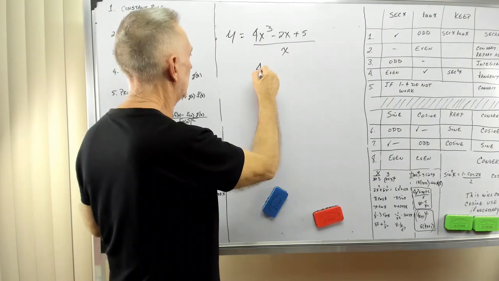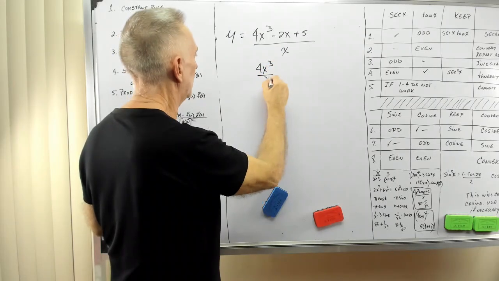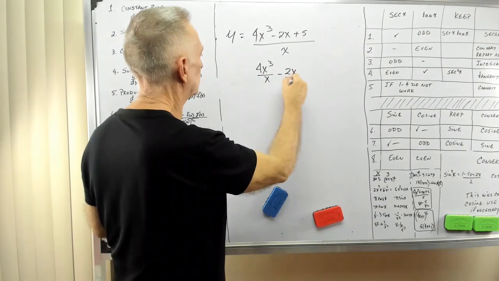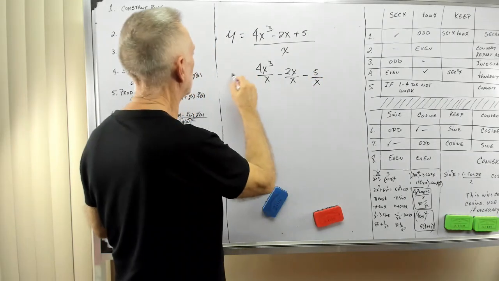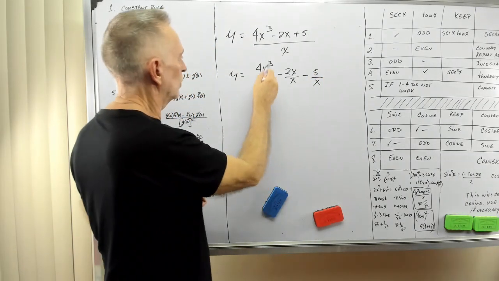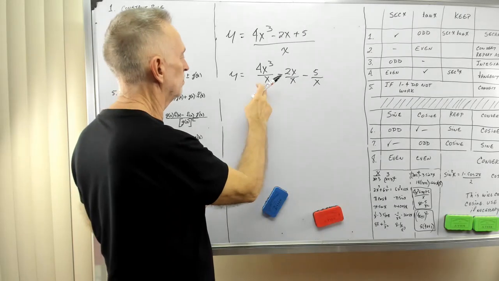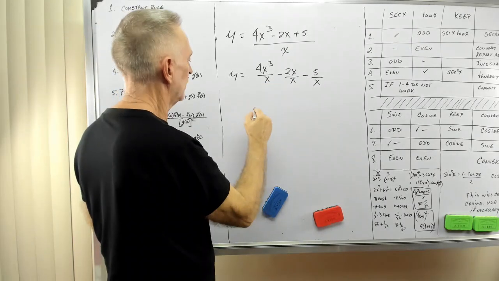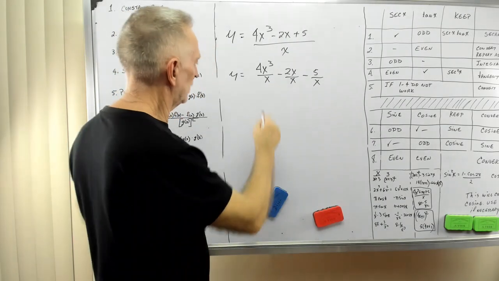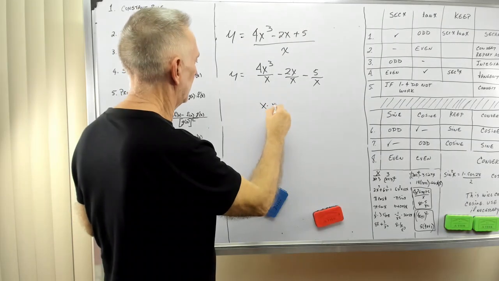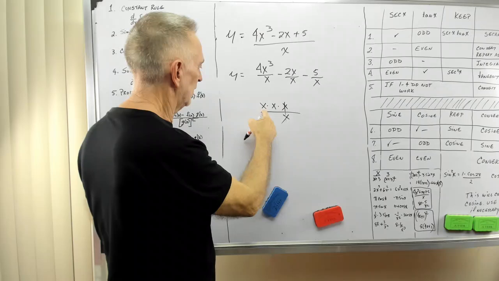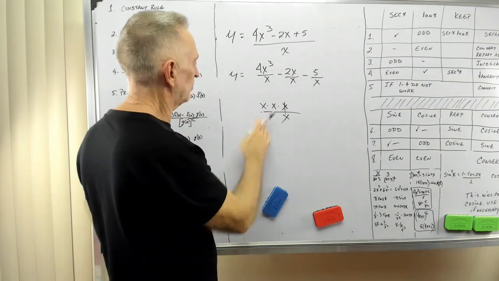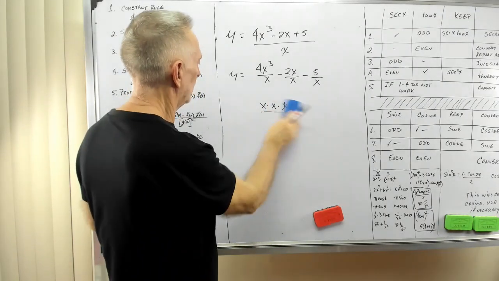So in effect, I have 4x cubed divided by x minus 2x divided by x minus 5 over x. That's y. So x cubed divided by x, and this may sound silly, but it's x times x times x divided by x, which gives me x times x remaining, which is x squared.